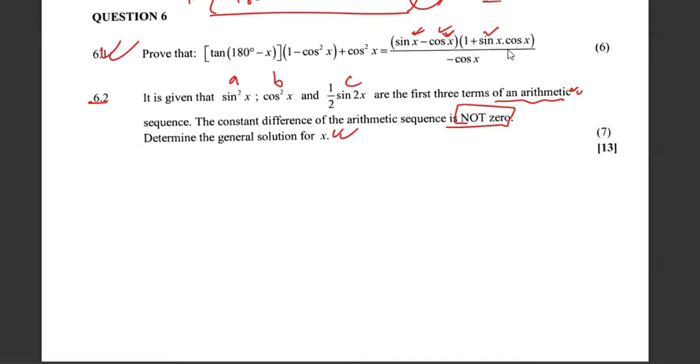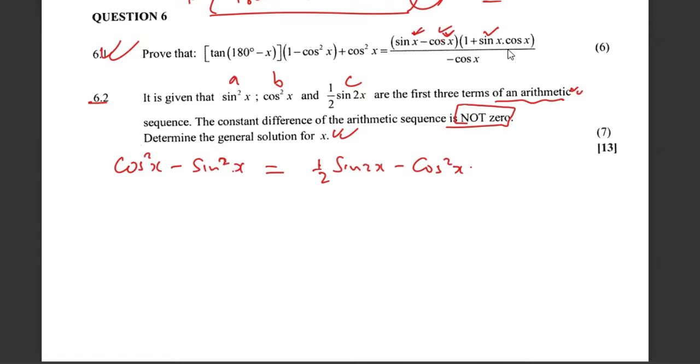What do we notice? If I try to get the difference between the two, I'll have cos squared of x minus sine squared of x should be equivalent to this minus that. So I have sine 2x minus cos squared of x. We know that cos squared minus sine squared gives us a cos 2 something.